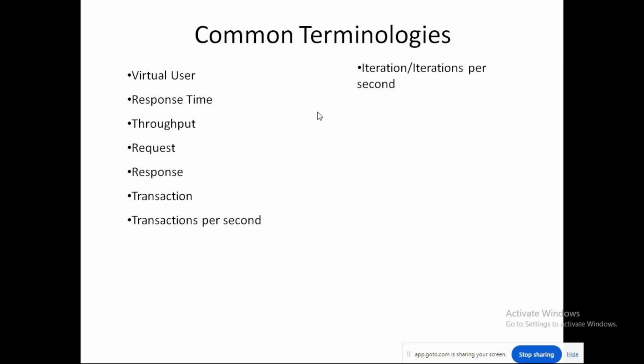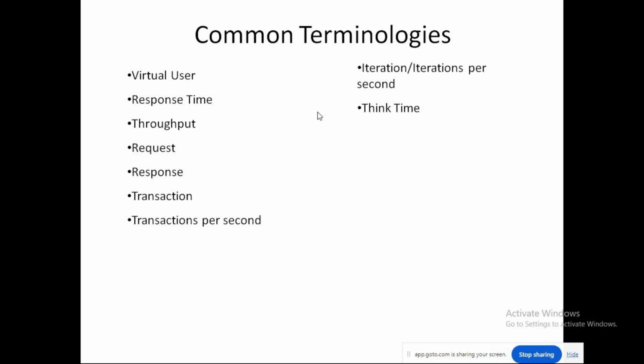Your user flow can consist of multiple transactions that I have already explained. What is a transaction? Any user action that results in an interaction with the server is called a transaction. So multiple transactions result in one iteration. Are all of you clear? So iterations per second means how many iterations are happening per second. Okay.